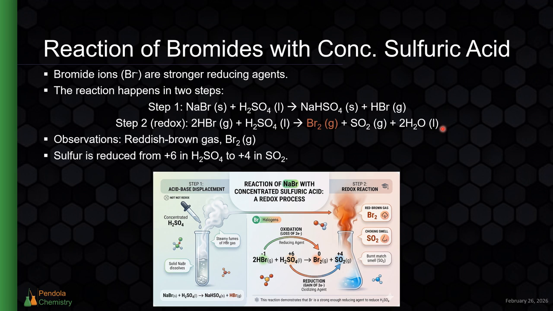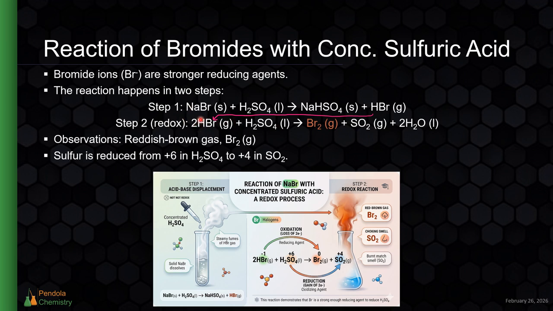Once that HBr is created, it then reacts with the sulfuric acid that we're dropping onto this mixture. The HBr created in this reaction then has a secondary redox reaction with the sulfuric acid.